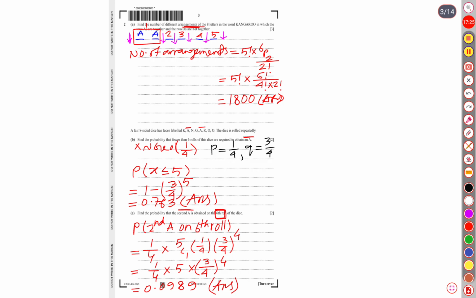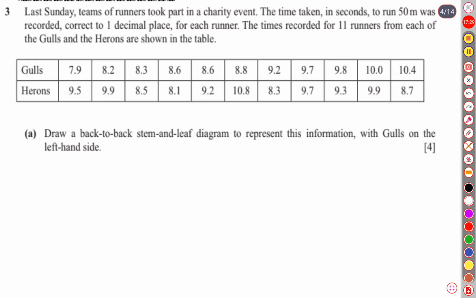Let's move on to question number 3. Question number 3 says, last Sunday, teams of runners took part in a charity event. The time taken in seconds to run 50 meters was recorded correct to one decimal place for each runner. The times recorded for 11 runners from each of the girls and the herons are shown in the table.